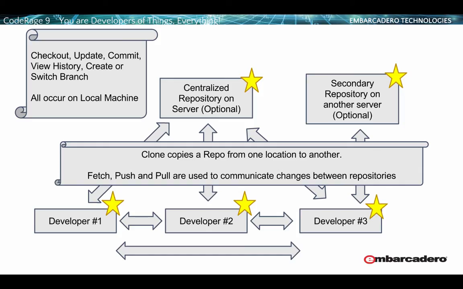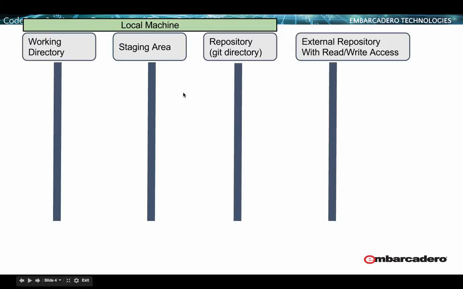These can also happen between developers. So 2 developers could choose to be working together on a smaller project, and once they've got their changes in sync, one of them or both, depending on how they've worked, could be sending those on up to the centralized repository. Typically, it'd only be one of them.